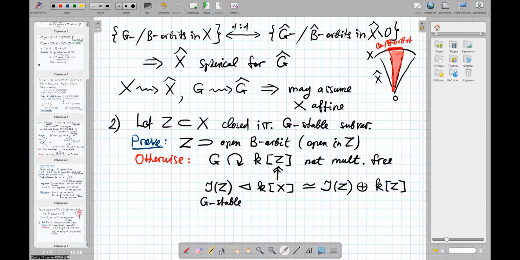This isomorphism is not an isomorphism of algebras, but of G modules. So this coordinate algebra is isomorphic to this direct sum as a G module. This isomorphism stems from complete reducibility of representations of reductive groups.